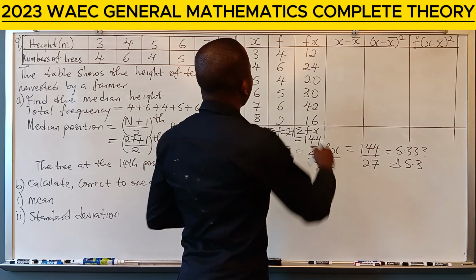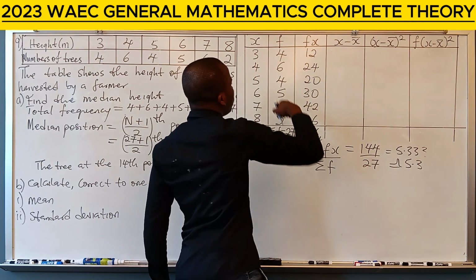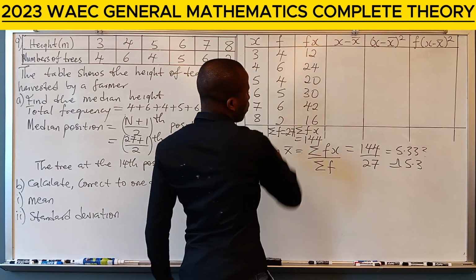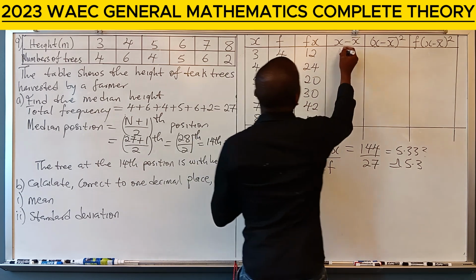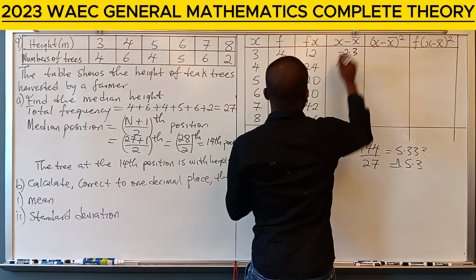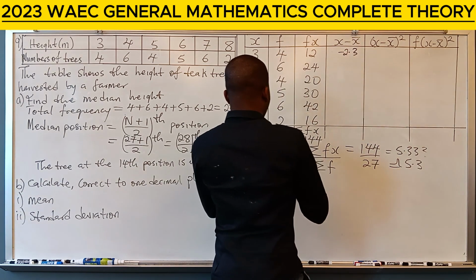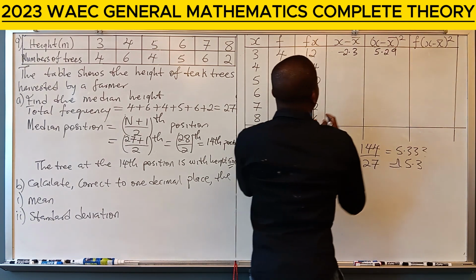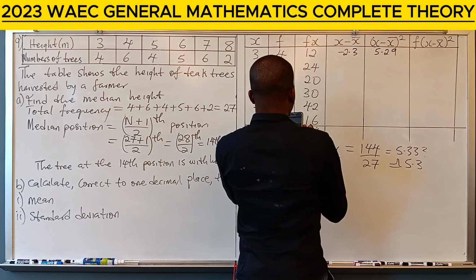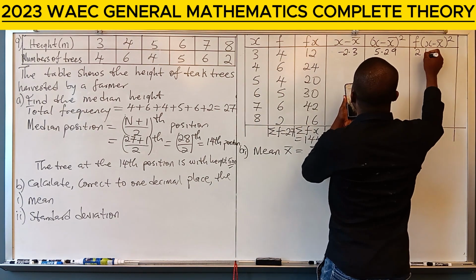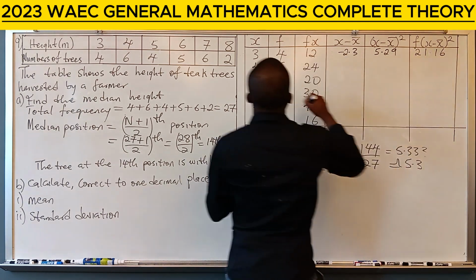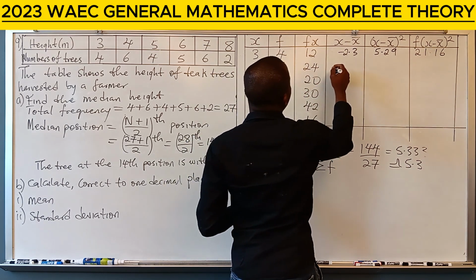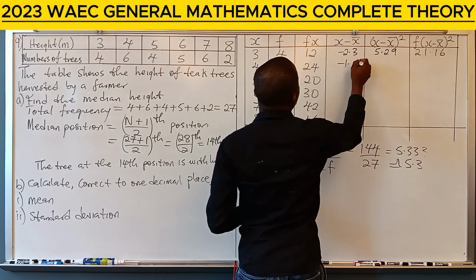So when we subtract the mean from each of the variable x, 3 minus 5.3 is minus 2.3. And if we square it, we have 5.29. And if we multiply it by the frequency 4, we have 21.16. 4 minus 5.3 is minus 1.3.